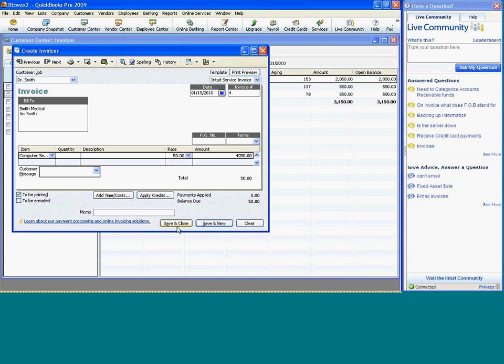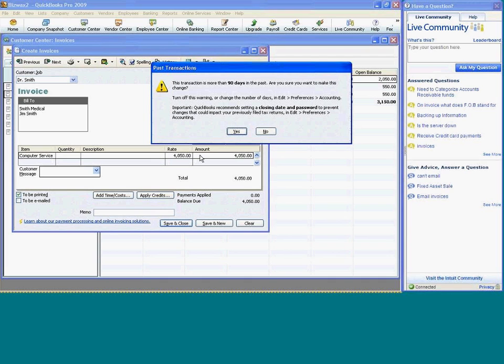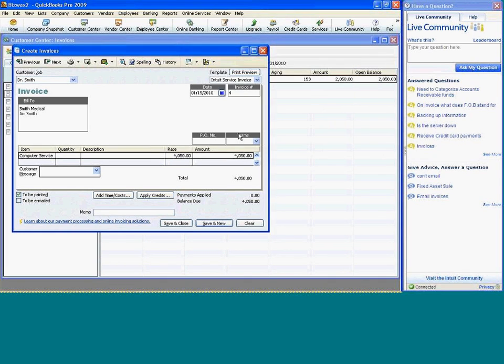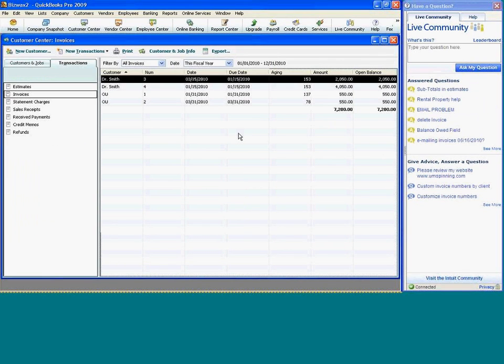Make it 4050. Save and close. So now over here, we show that the company has $7,200 of invoices out.